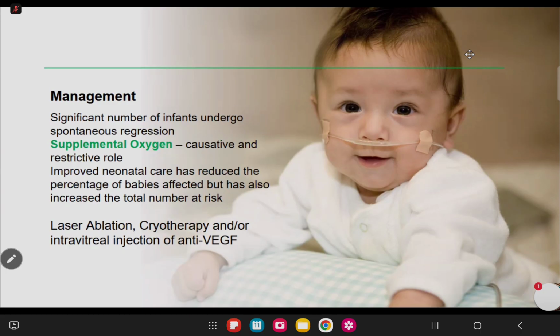For the management, we usually do laser ablation, cryotherapy, and or intravitreal injection of anti-VEGF. We give an off-label use of the anti-VEGF, so we inject it intravitreally. Usually, anti-VEGF medications are given to treat gastric cancers to decrease the vascularization.